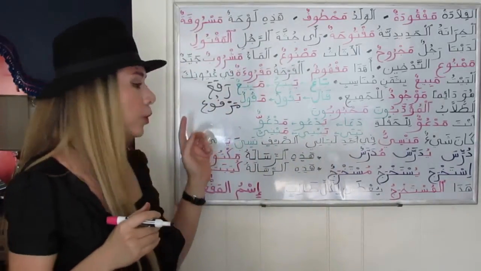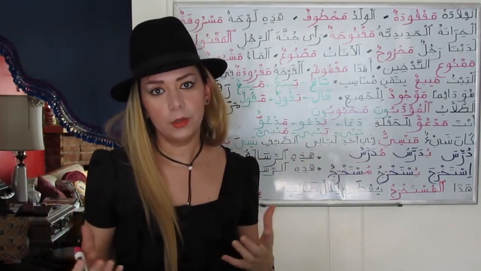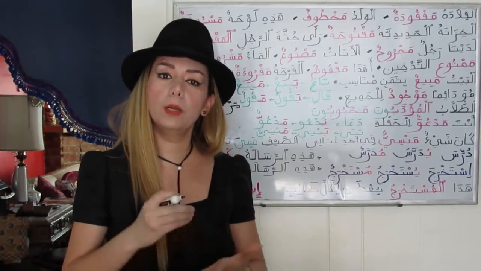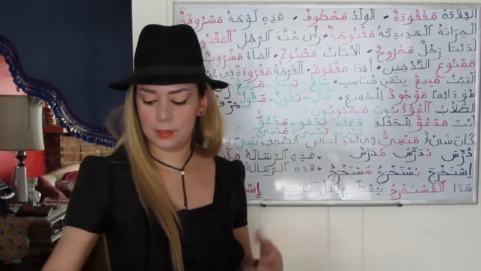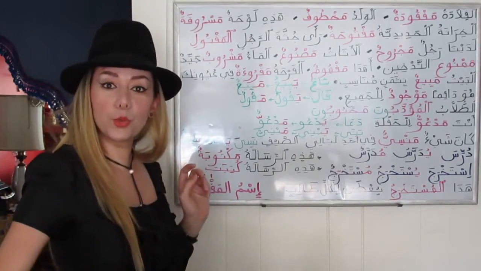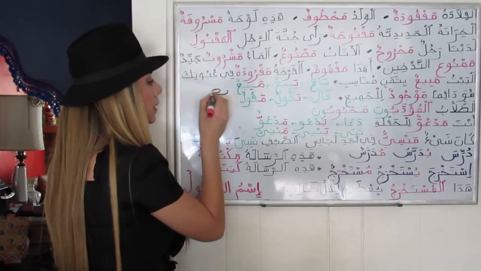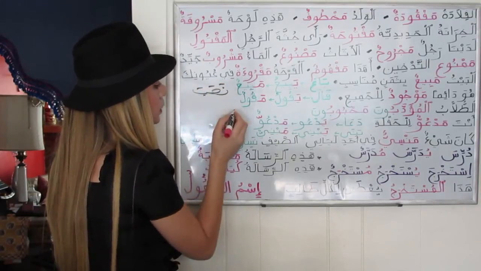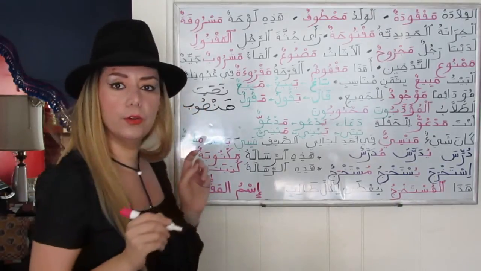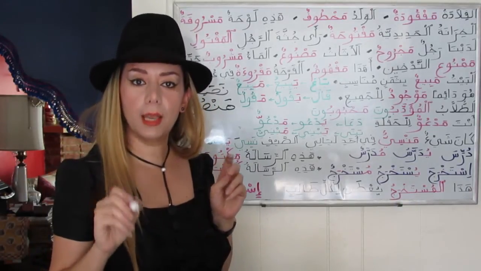But مرفوع, grammatically or grammar meaning, when you look for grammar meaning, it means the noun in the nominative case. Okay, the other one, remember, mansoob. Mansoob from the verb nasaba. Mansoob, it means in the accusative case.